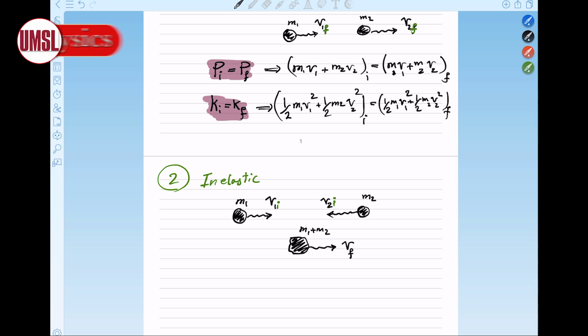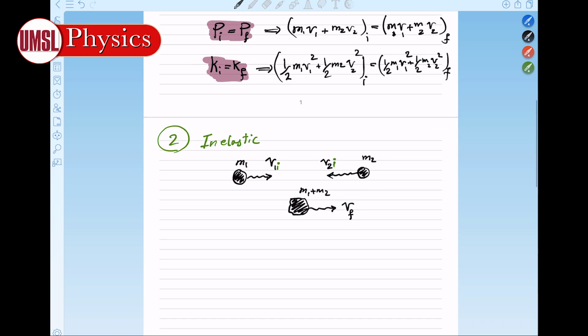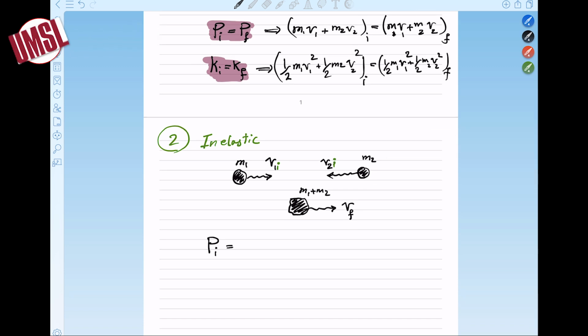For inelastic collisions, momentum is conserved. P initial should be equal to P final. However, that's very important, kinetic energy is not conserved because some of the energy is released and formed. It changed to thermal energy, to heat. Some changed to sound.